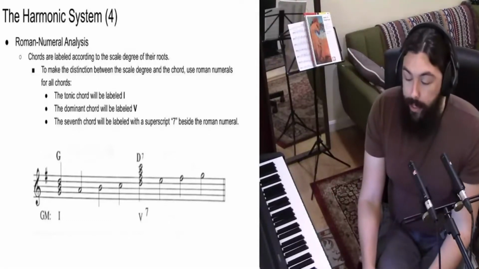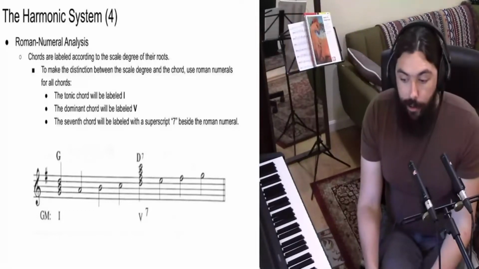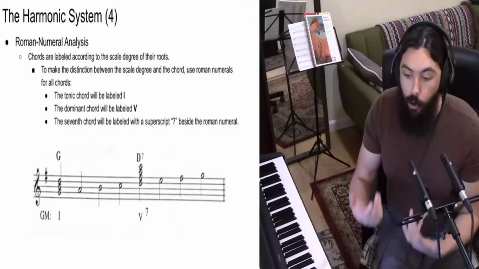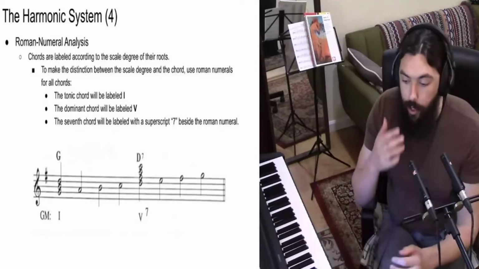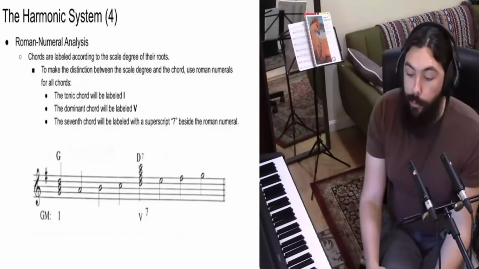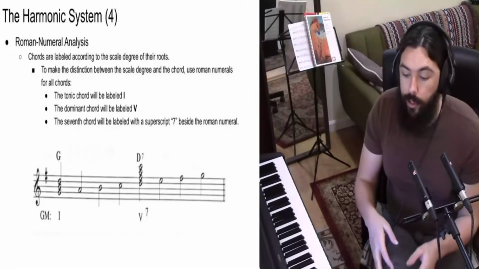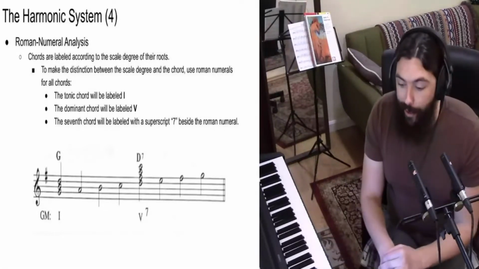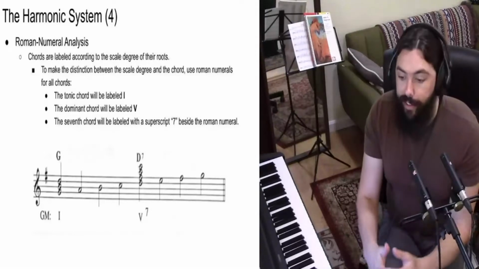Okay, so to make the distinction between the scale degree and the chord, we use Roman numerals for all the chords. The tonic chord in Roman numeral analysis will be labeled with what looks like an I in Roman numerals, but we call it a 1.